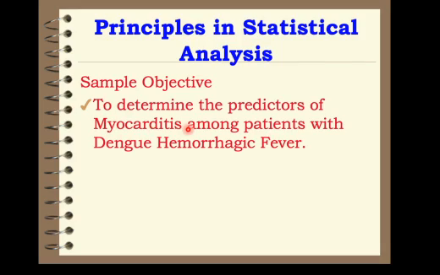A while ago, in our example of the relationship between height and cardiovascular disease, we only had one main independent variable, height. All other variables were considered as confounders. Now, in this particular example, when we talk of predictors, we have many independent variables and one dependent variable.